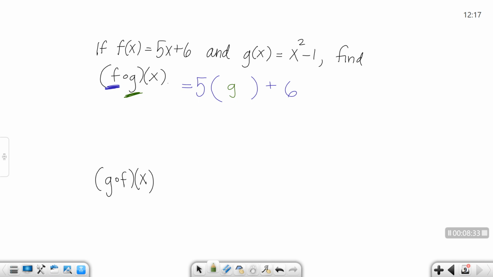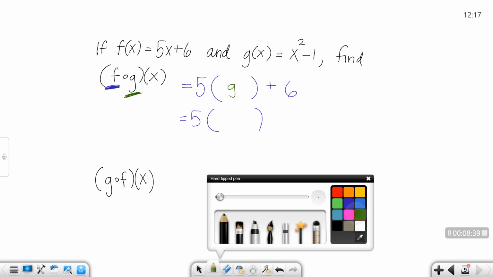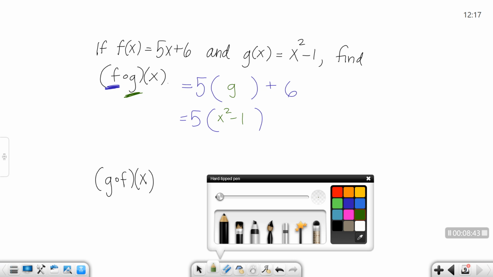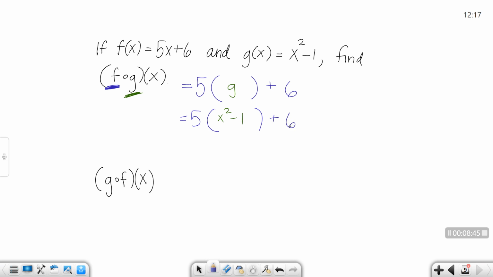So my g function is going to go right there. I would have 5 times g, plus 6. Now simplifying this, that would be 5x squared minus 5 plus 6, and so my answer would be 5x squared plus 1.